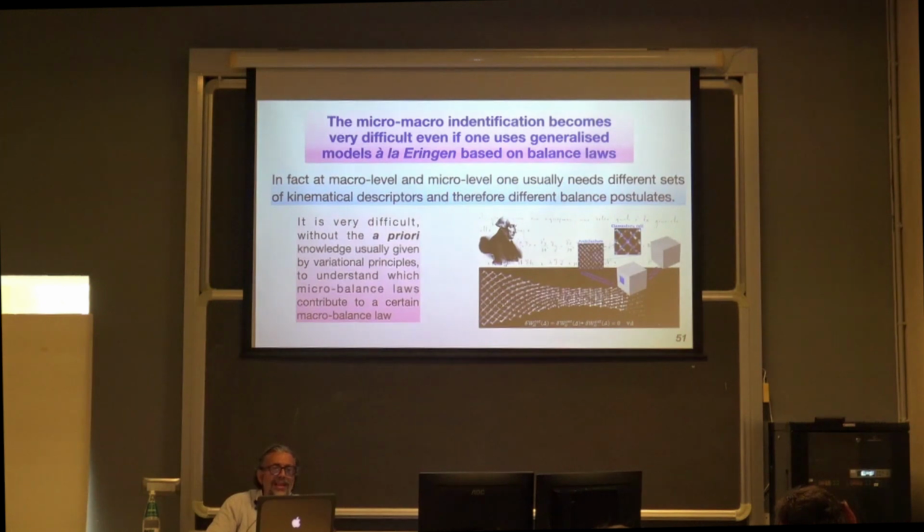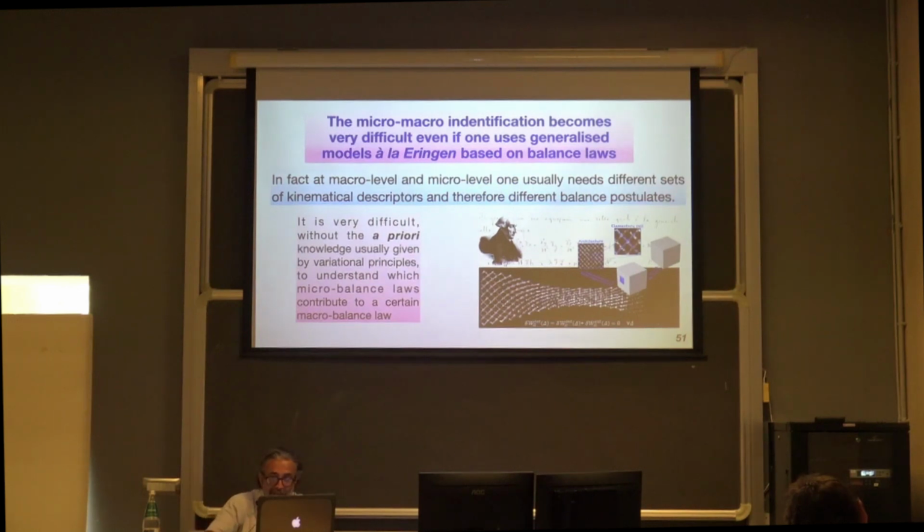Eringen decided to generalize, to introduce generalized continua, but following the paradigm of Truesdell. So he postulated ad hoc balance laws, one for every new kinematical descriptor at macro level. Okay? But where is the difficulty? It is very difficult without the a priori knowledge usually given by variational principles to understand which micro balance laws contribute to a certain macro balance law.